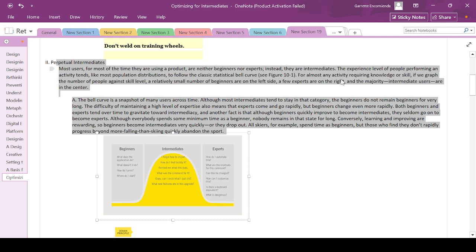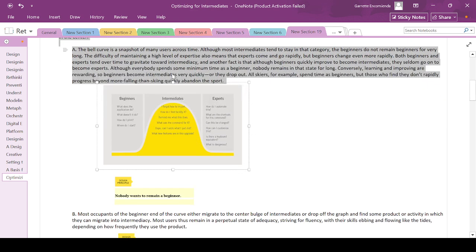For almost any activity requiring knowledge or skill, if we graph the number of people against skill level, a relatively small number of beginners are on the left side, a few experts on the right side, and the majority of intermediate users are in the center.